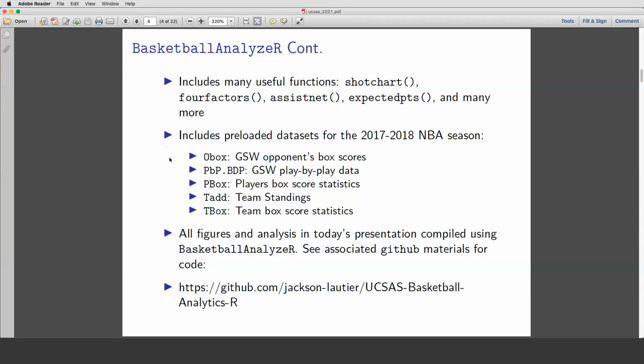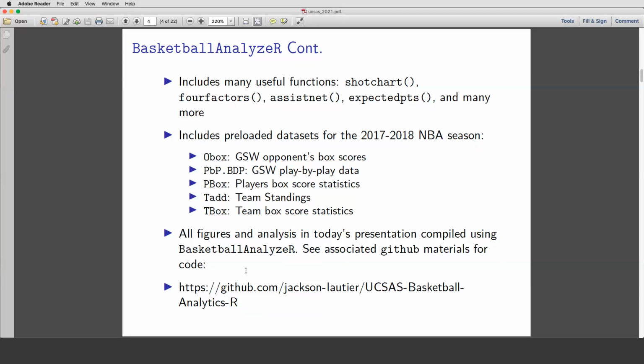It's kind of self-contained. And I mentioned this at the top, but I'll re-emphasize that if you go to the associated GitHub website for these slides, you'll see all of the code I used in last year's presentation and this year's presentation. It's totally free. You can just jump out there. You don't need a password.